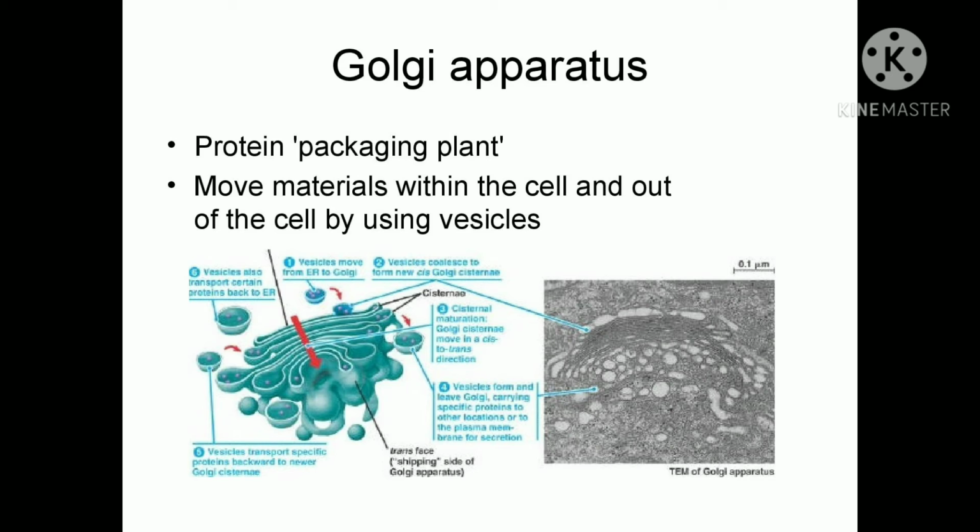Now we move on to the Golgi apparatus. It is a protein packing plant. It moves materials within the cell and out of the cell by using vesicles. Here we can see the diagram of the Golgi apparatus. The picture on the right is what is seen under the microscope, and on the left is the diagram of the Golgi apparatus.